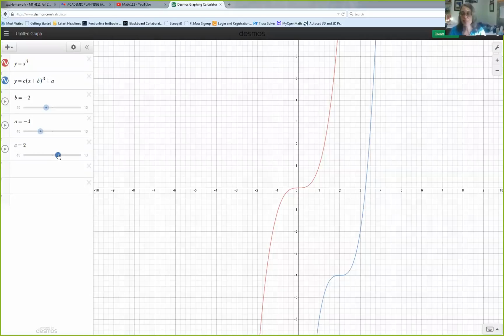It's still got the same basic function shape as y equals x to the third power, but it has been adjusted because of all of these multipliers. The key thing to understand is it's been adjusted in a predictable manner. Okay. I hope that helped. I hope it makes sense.